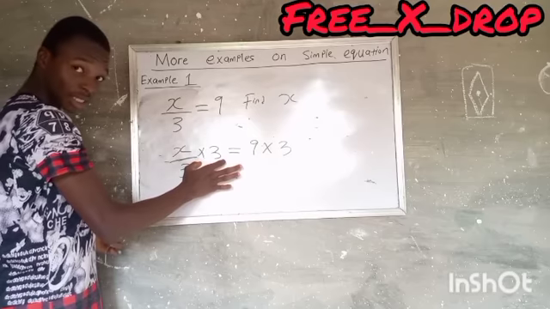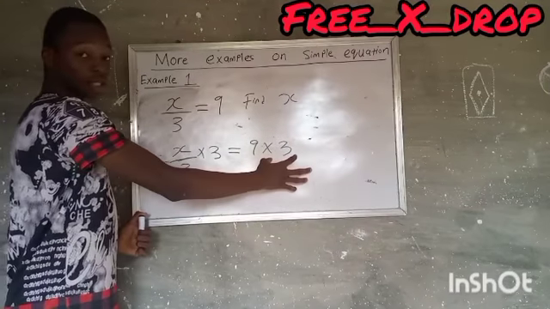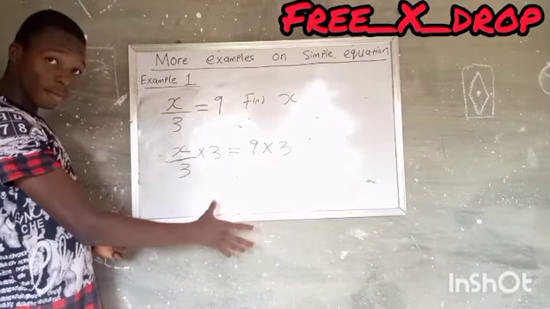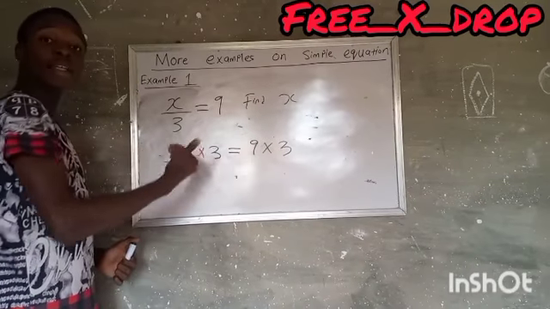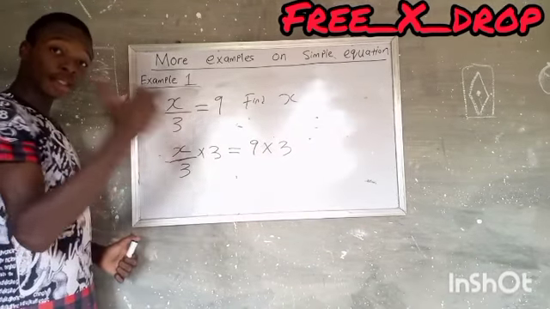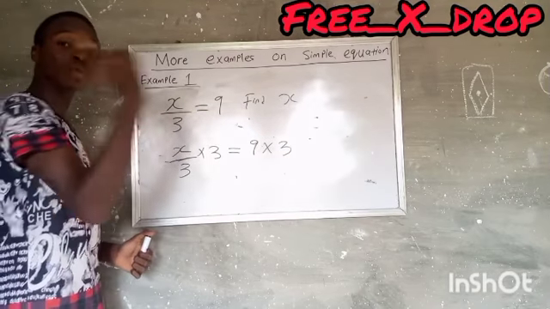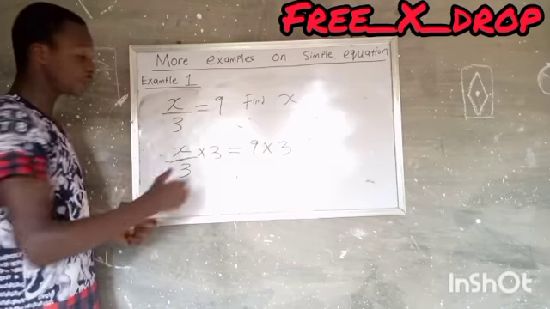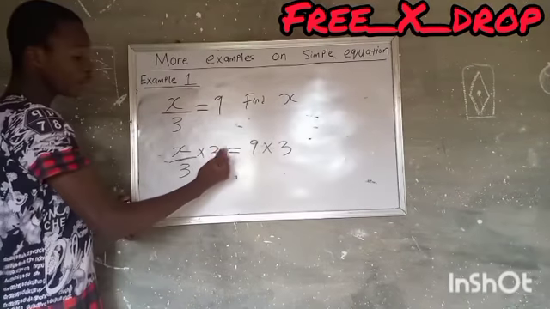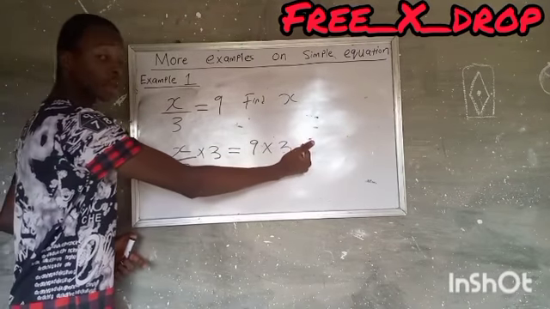You give this times 3, you give this times 3, because they were once equal. So when you are adding 3 to this side, you must add 3 to this side, so they can remain equal. If you give birth to twins, when one turns age 1, the other one turns age 1. They don't leave each other behind, so they must remain equal.